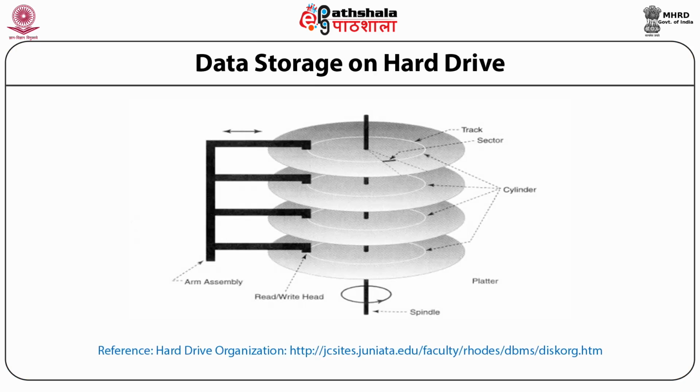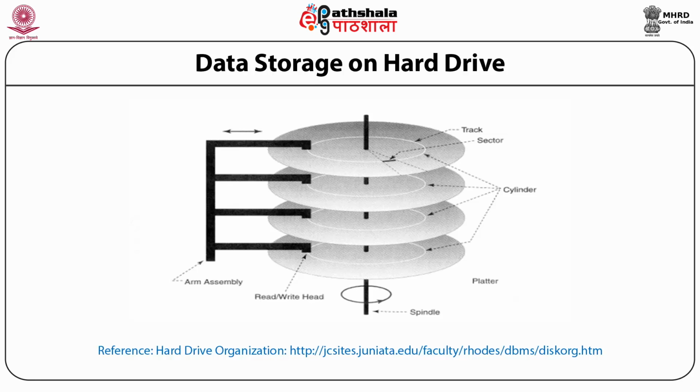Data storage on hard drive. This is the diagrammatic representation of a hard drive, a typical hard drive a computer has. You can see in this image we have a series of disks put on a spindle, one after the other, and these disks have sectors and cylinders.